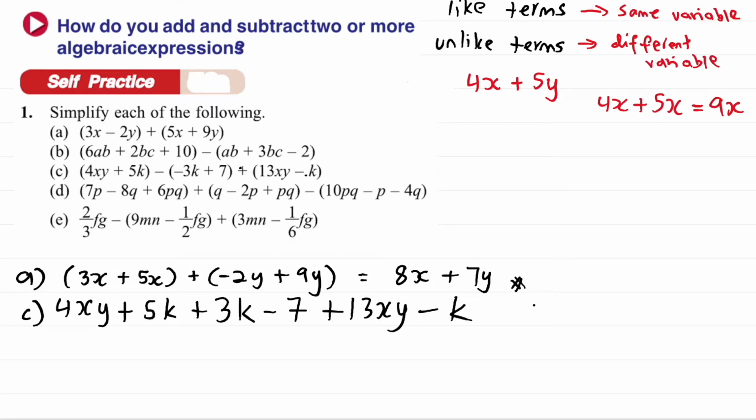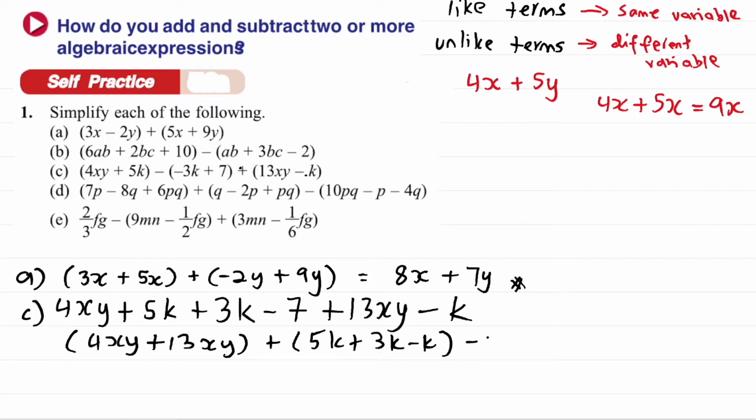Pecahkan dia punya bracket dulu. Right? Dan barulah kamu kumpulkan. So 4xy tambah 13xy. Lepas tu tambah lagi 5k tambah 3k tolak k. Dan last sekali baru tolak 7. Dan bila kamu selesaikan, kamu dapat 17xy tambah 7k tolak 7. Macam tu je.